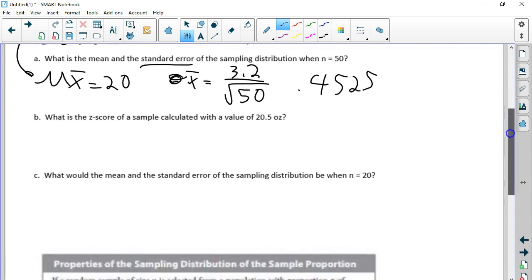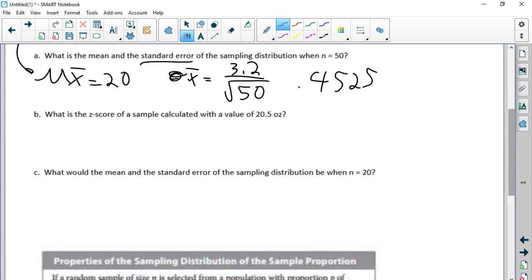So we're calculating a z-score. Remember, z-score is your actual score, so this is 20.5, minus our mean, and we've been using 20, divided by your standard deviation. But since we're looking for the sample z-score, we're going to use our sample standard deviation, 0.4525.